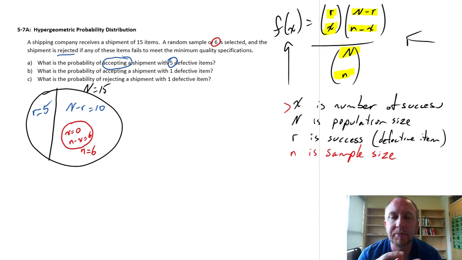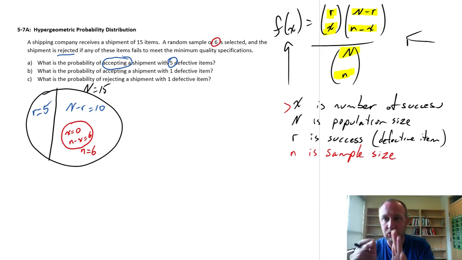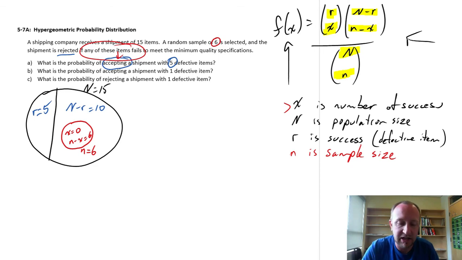So from this population of 15 that contains 10 good items, 5 bad items, if I take a sample of size 6, what's the probability that that sample of size 6 contains no defective items, which will lead me to accept it? If any contained a defective item, I'm going to reject it. So what's the probability of accepting a shipment that contains 5 defective items?